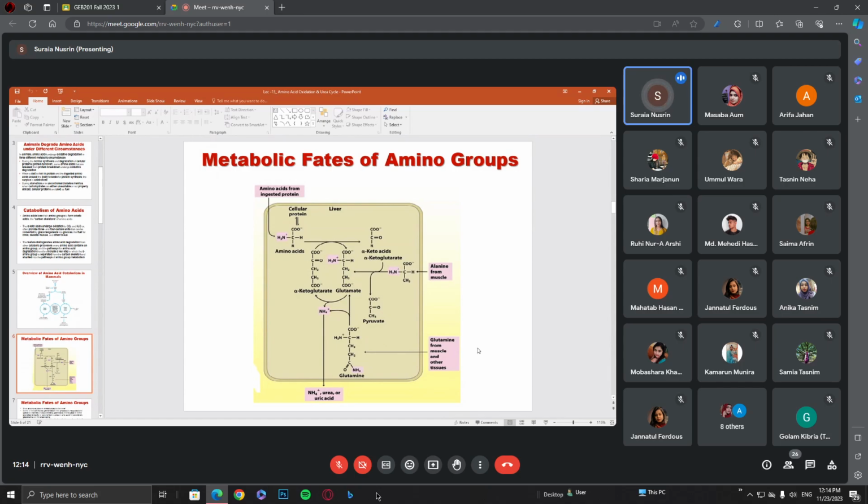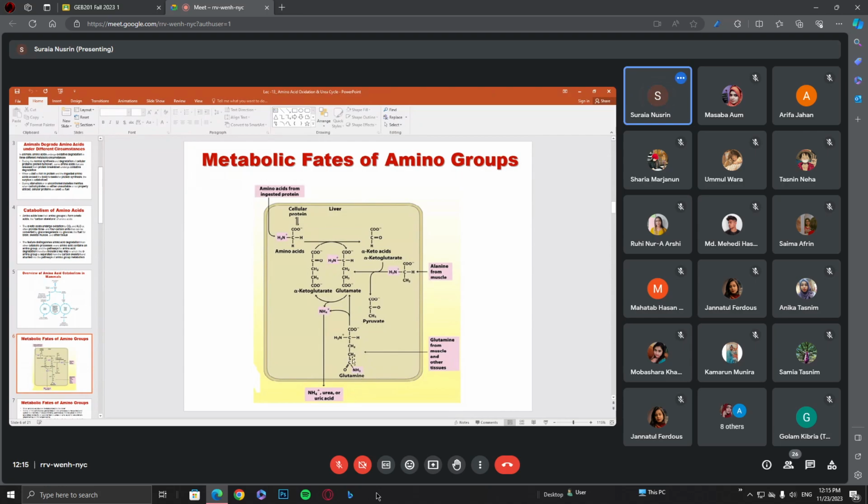Or we can say that in our body, the two amino acids, glutamate and glutamine, are the most abundant amino acids, and their function is to collect the amino groups from the different tissues and then deliver the amino groups to the liver.